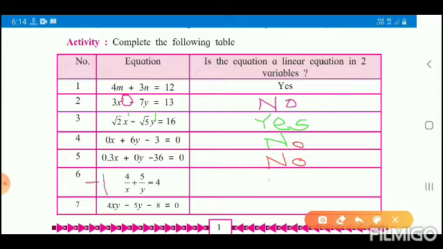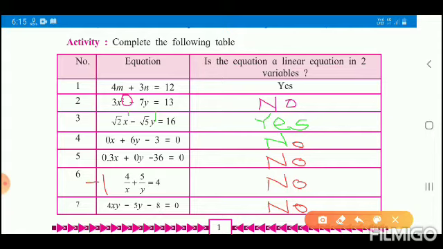So this equation is also not a linear equation in two variables. Now last one, if you will see here, the variables are x and y, but we will consider the degree of xy, then it will come 2. So it is also not a linear equation in two variables.